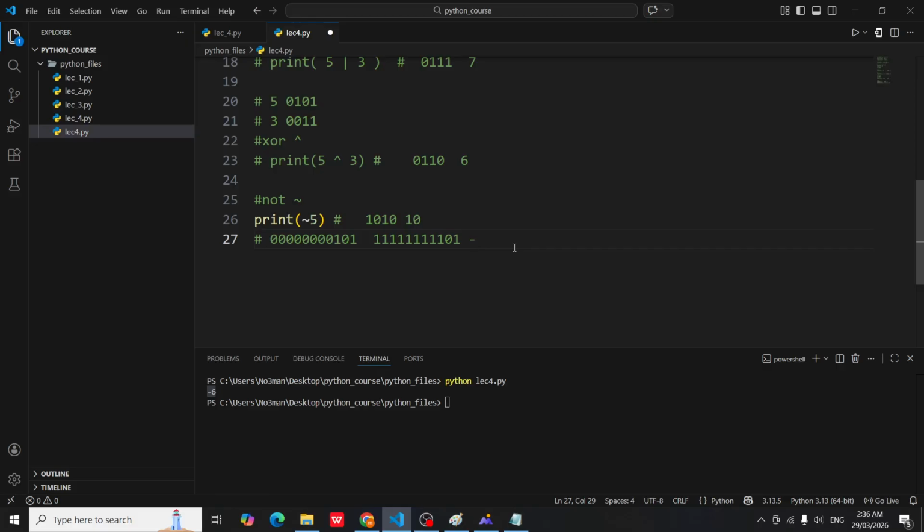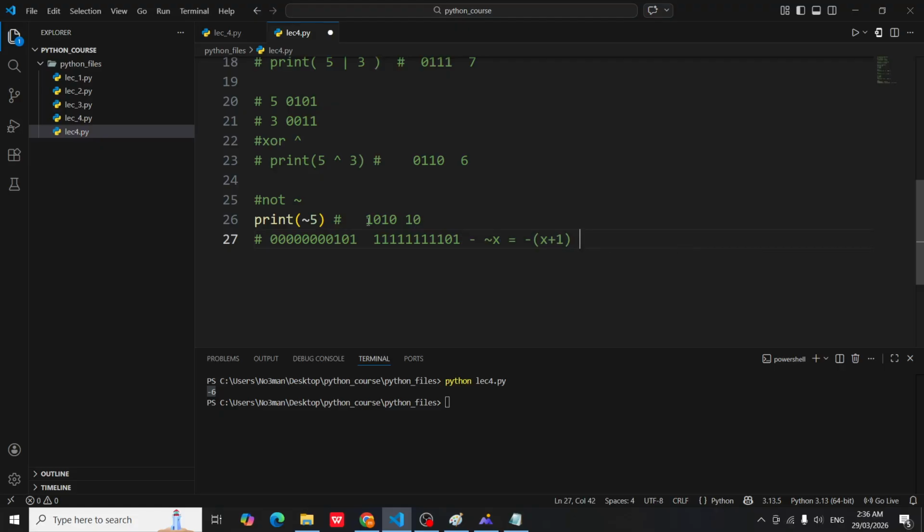It is treated by an equation. The equation is not x equal minus x plus 1. That's called the two's complement.